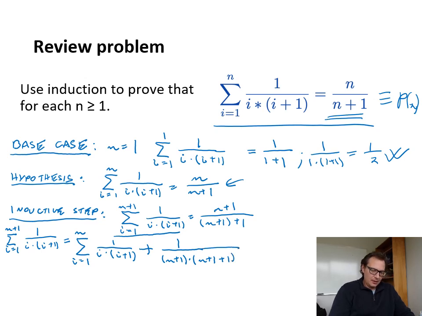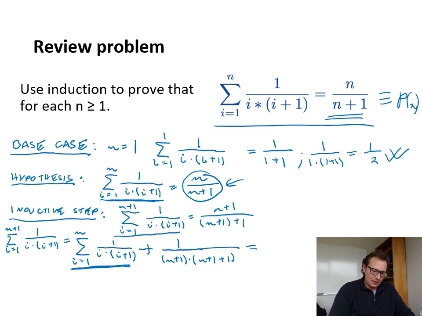Okay, great. So now this one here matches what we have on the left in our hypothesis, which means that we can plug in this right hand side and leverage our hypothesis.